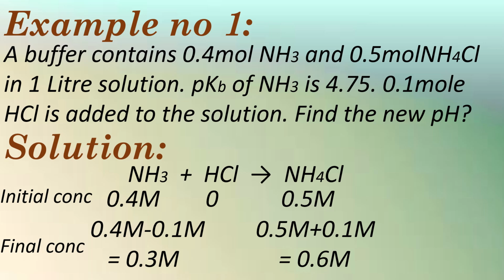Ka is the dissociation constant of acid. Kb is the dissociation constant of base. And pKb is the negative logarithm of dissociation constant of base, which is called pKb. pKb of ammonia is 4.75. 0.1 mole HCl is added to the solution.